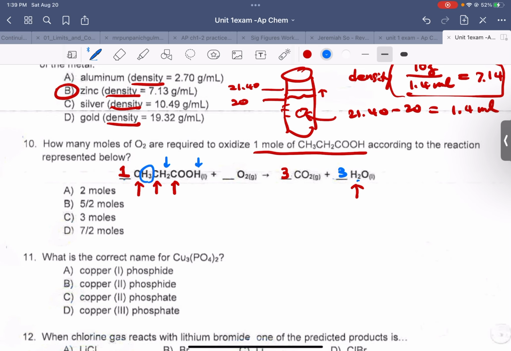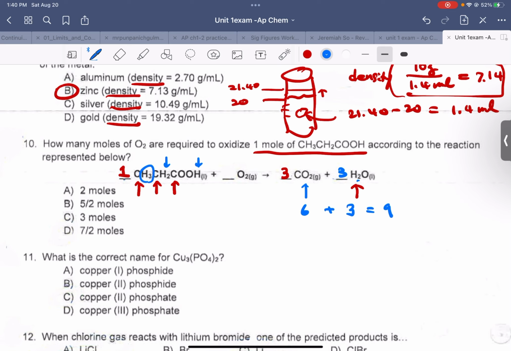Now let's talk about how many oxygen you have. Oxygen you have only 2. And here, I have a feeling this one you have to have a fraction. This one 2 times 3 is a 6, and this one 3, so you have 9 oxygen.